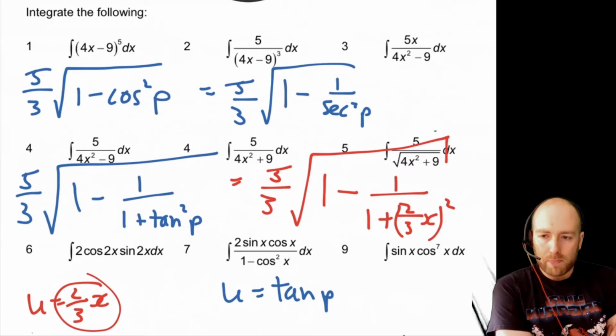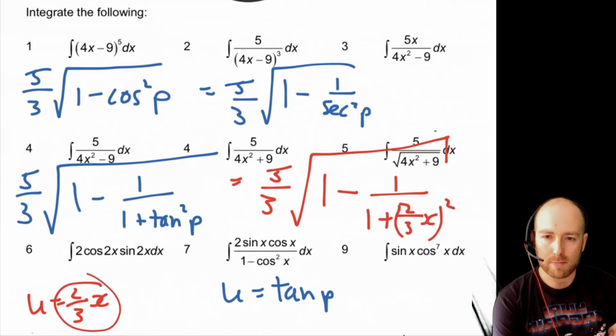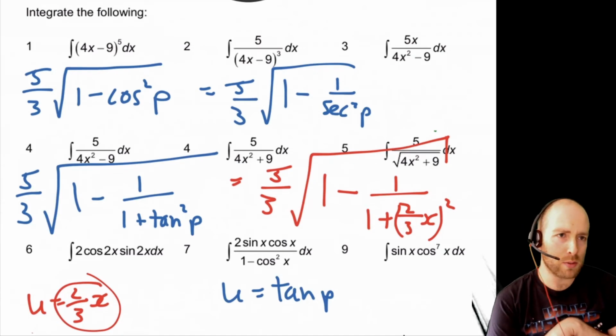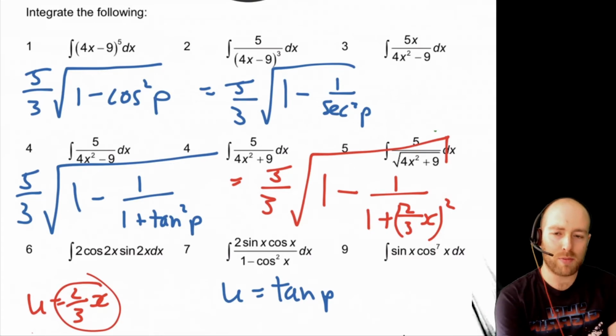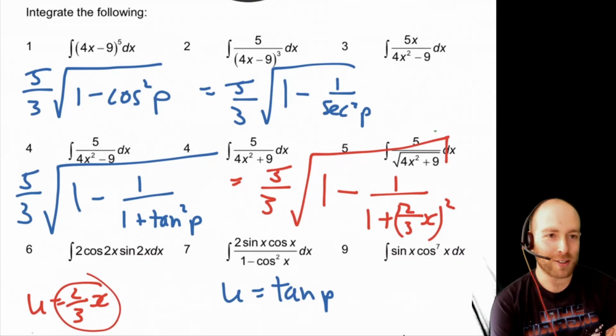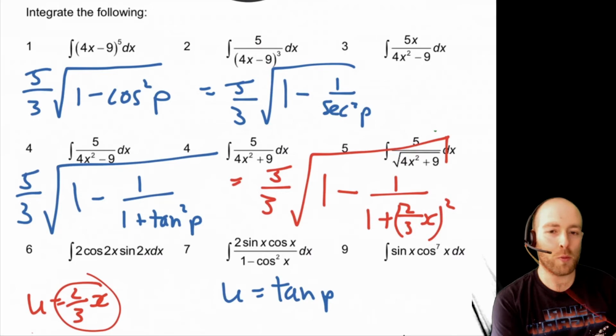Okay, 2 looks a bit easier. They all look easy now in comparison. Do you want a bit more time to do 6, 7, and 9? Great worksheet. I'll give you 4 minutes, I reckon, just to try and do those ones. They should be easier. You've got some double angle stuff and some trig identities.